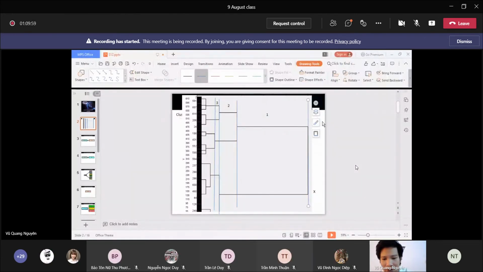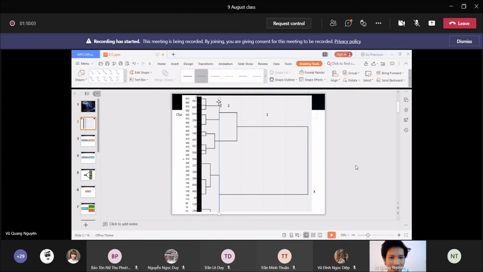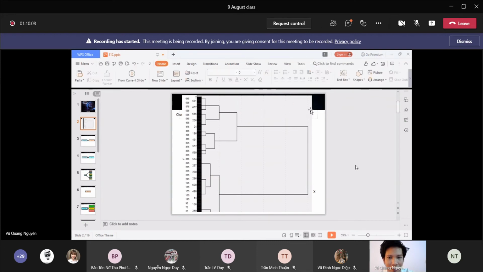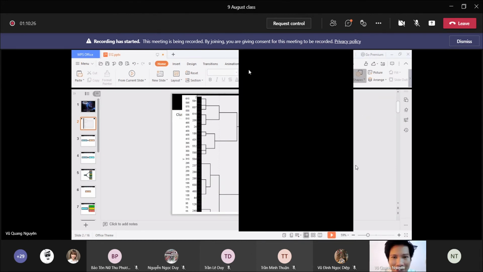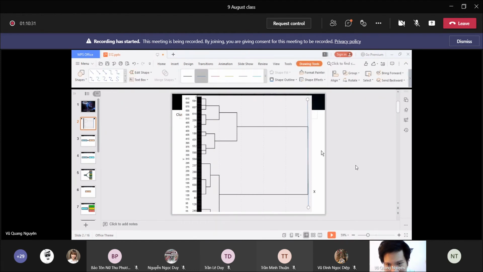Okay, what should we do with the dendrogram? Actually, it's very easy if you are familiar with that. So this is a dendrogram. Whenever you see a vertical line, you draw a line into it, like this.